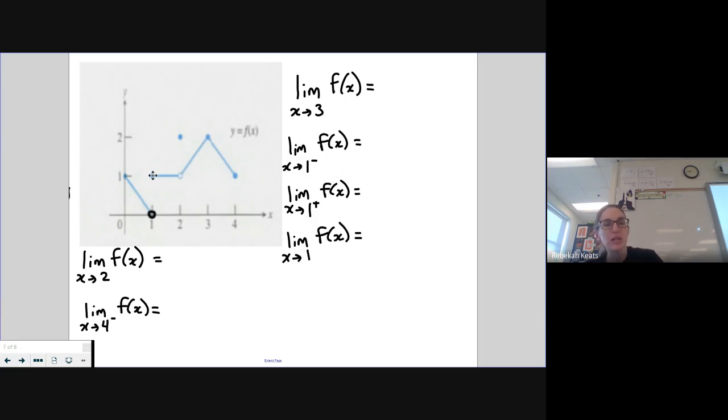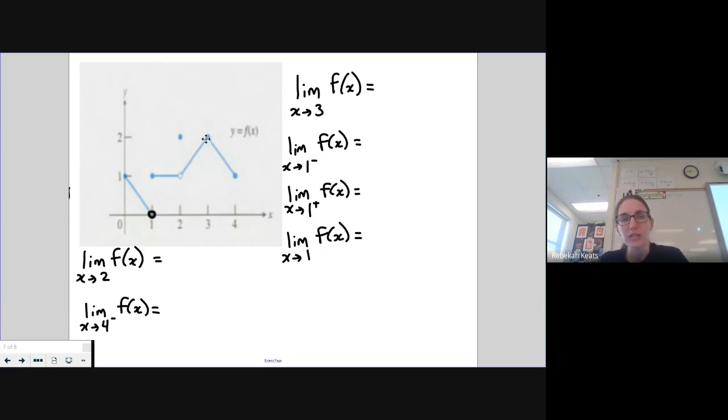This is an example of a piecewise function where you've got a linear, negatively sloped line on the domain from 0 to 1, and you see open circles, which means the function doesn't exist at that point. So the function exists from 0, including 0, up to but not including 1.